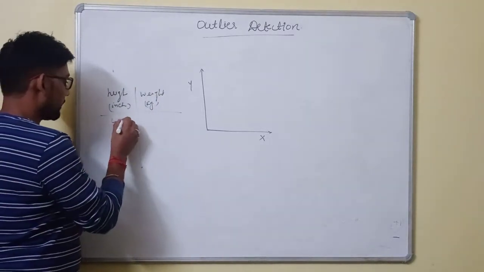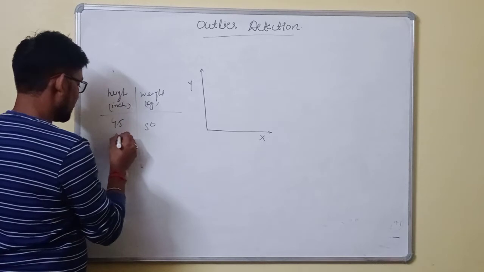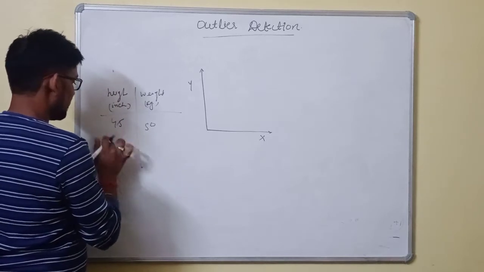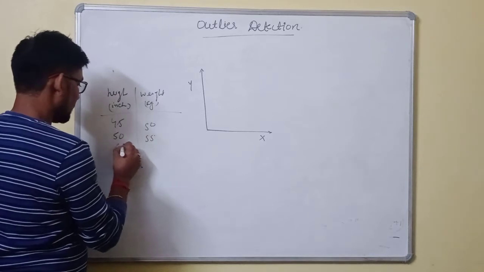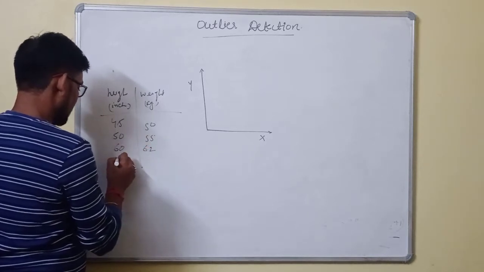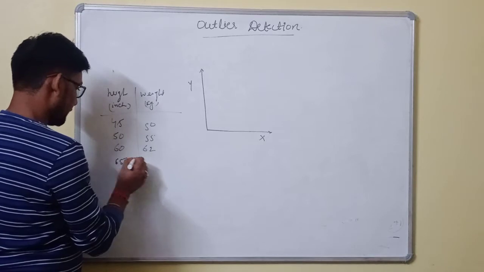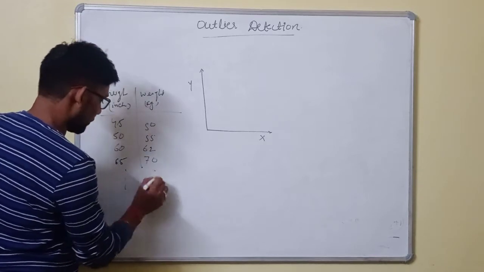Here we have 45 inch, 50 kg, 60, let's suppose 50 inch or 55 kg, 60 inch, 62 kg, 65 inch, 70 kg, and so on.